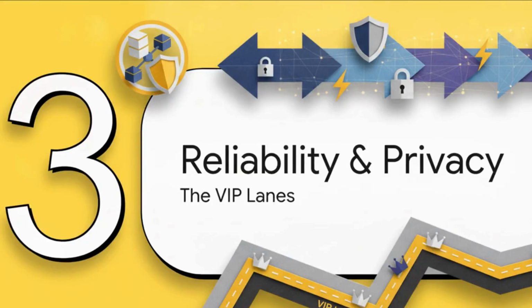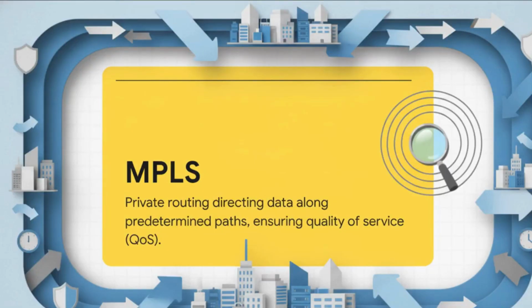Section 3, Guaranteed Reliability and Privacy, the VIP lanes. But what about data that absolutely cannot be delayed? When you hear MPLS or multi-protocol label switching, I want you to think of absolute predictability. Service providers use this as a private routing technique to totally lock down the exact path your data takes.